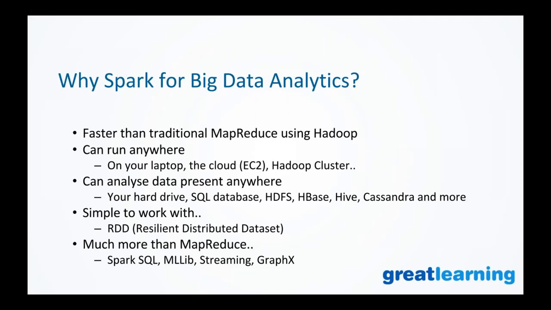Then Spark can also run on its own on the cloud, creating a cluster. You can spin up machines on Amazon EC2 and install Spark on it to create a distributed processing engine, which can then talk to data present in different systems and do distributed computing and analytics.